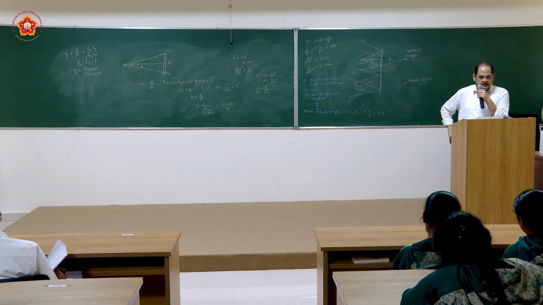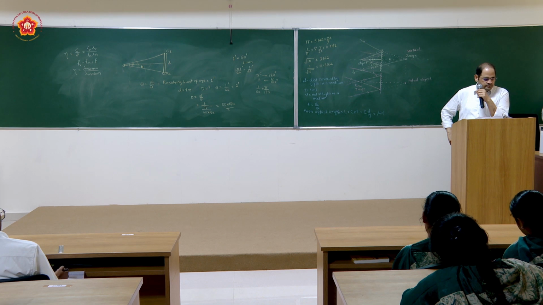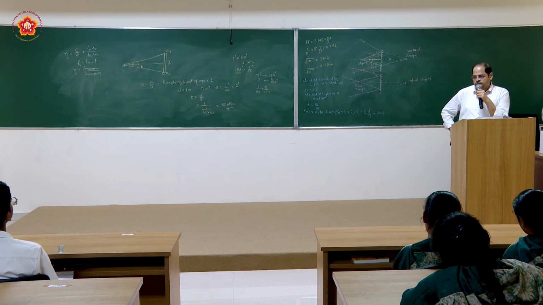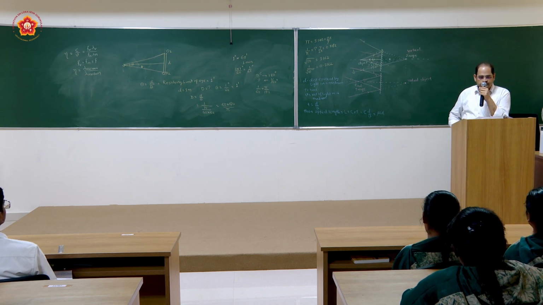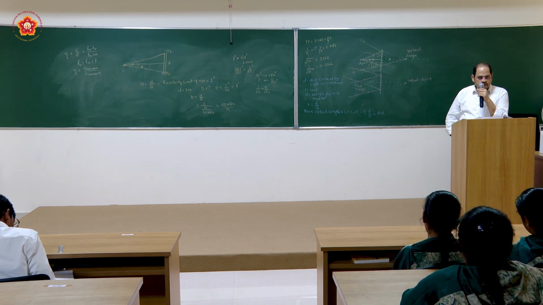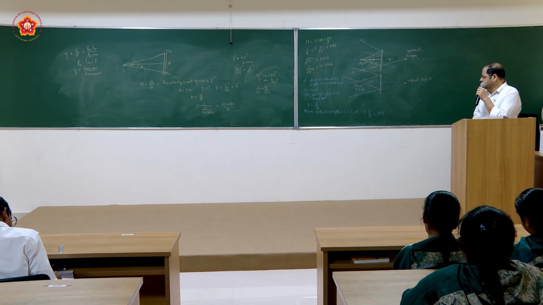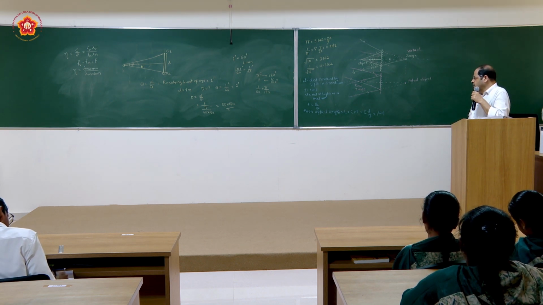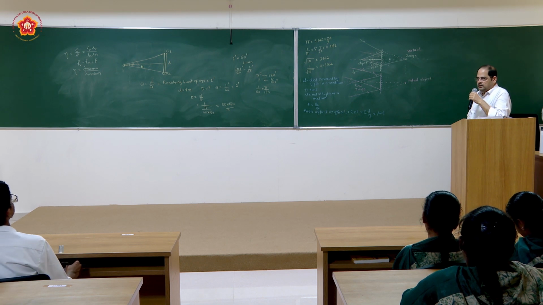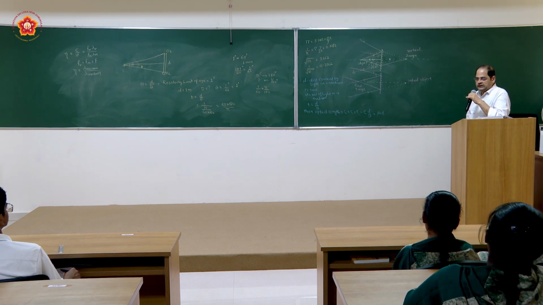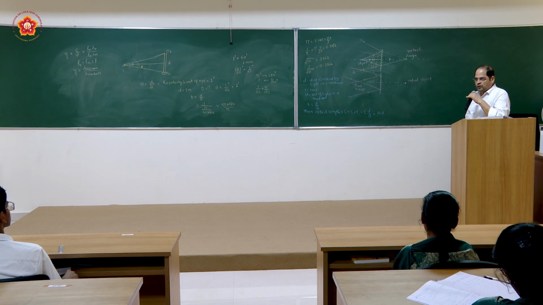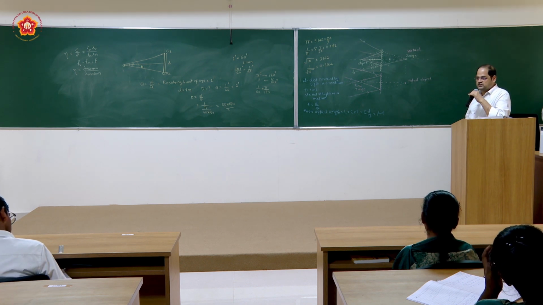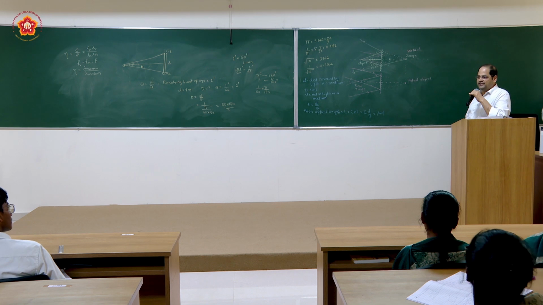Now, are you able to understand what is optical length? The time in which light travels a certain distance d with speed v in a given medium, in the same time, what will be the corresponding distance traveled by light in a vacuum?